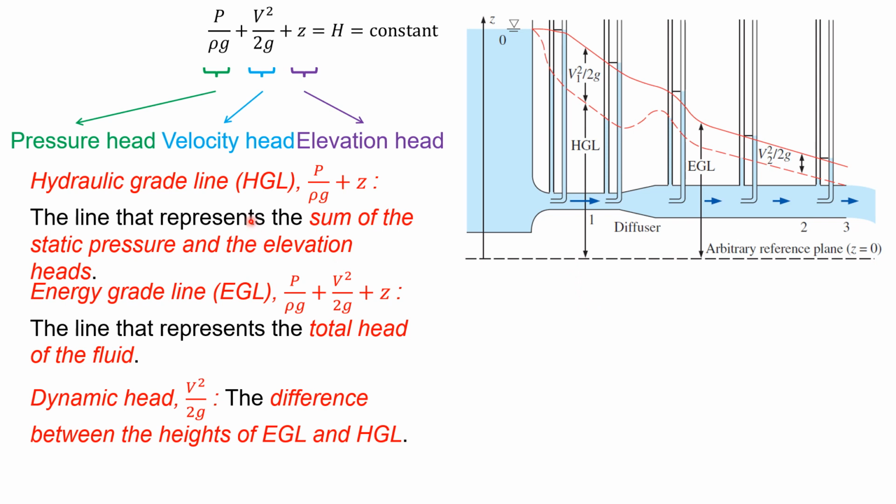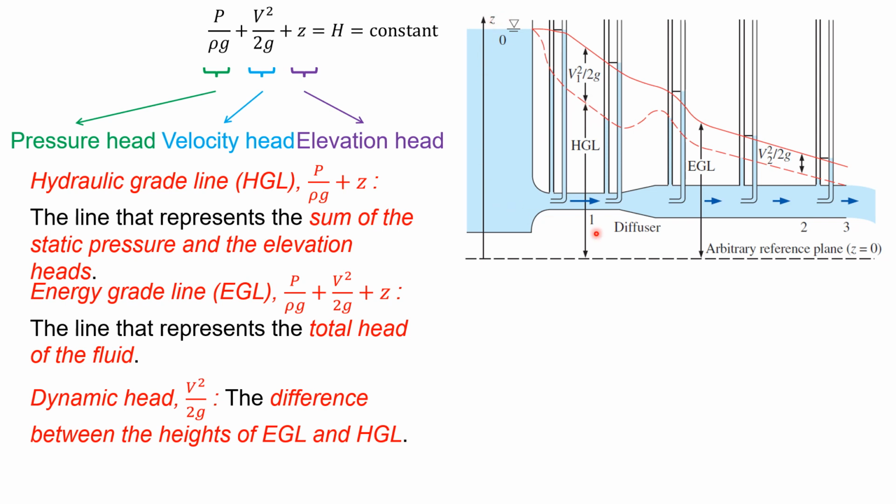So HGL is the first two, sorry, the pressure head plus the elevation head, so P over rho g plus Z. You are taking the pressure head, the first part, and the third part. So you mix it, you will get HGL, the hydraulic grade line. So the hydraulic grade line is from the reference plane until the first point.